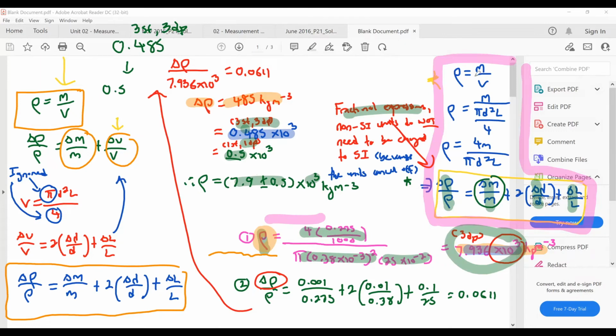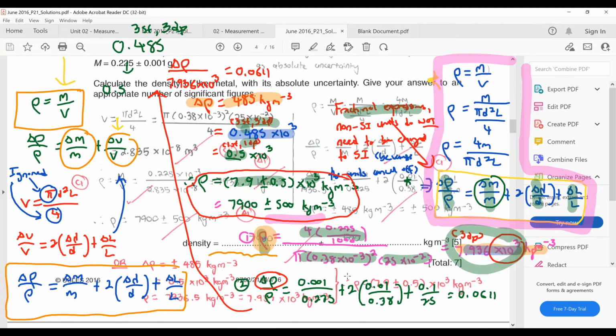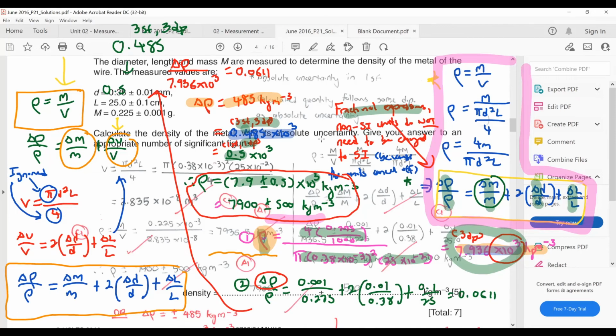Now if I get rid of the 10 power 3 by multiplying inside, the answer is 7,900 plus minus 500 kg per meter cube. Yeah, that one is the answer.